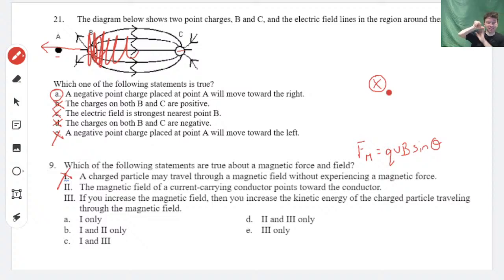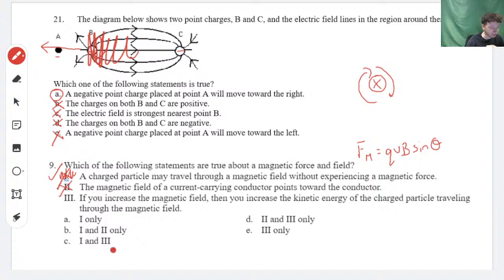So you take your right thumb, you put your thumb going into the screen, and your fingers show you the direction the magnetic field goes. So the magnetic field goes sort of around like this. It is not pointed inwards to the conductor. That's wrong. I hope one of these is right. Oh, wait. The first one was right. I said it was right. Why did I say no? That's a possibility.